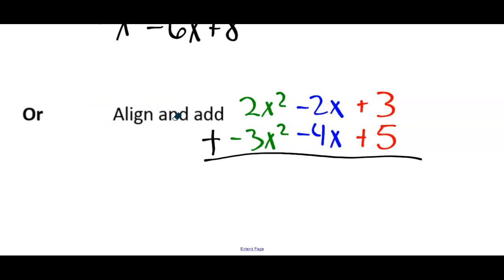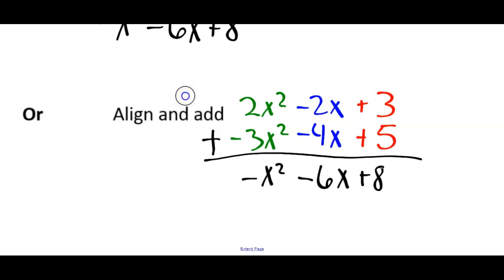So, again, I'm still going to get negative x squared. I'm still going to get negative 6x. And I'm still going to get 8. Aligning and adding is a better way to do this. You can do what you need, but both of these are correct.